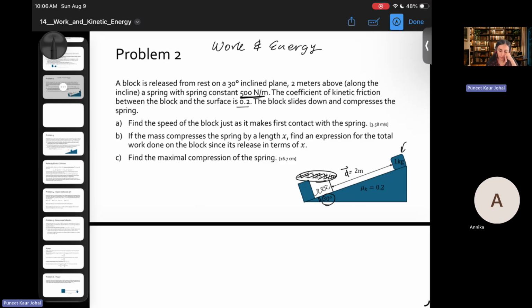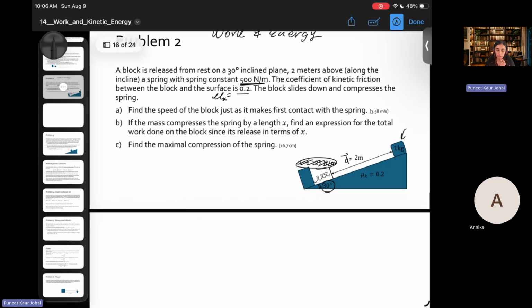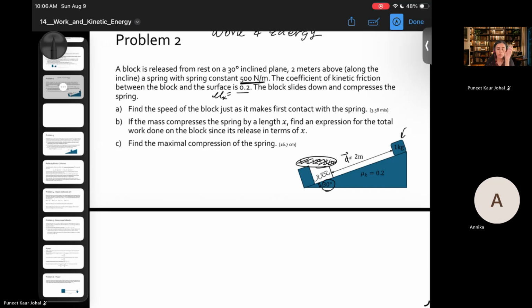Coefficient of friction is given, so mu is given to us. It's kinetic. The block slides down and compresses the spring. First of all, what is going to cause the block to slide down the inclined plane?